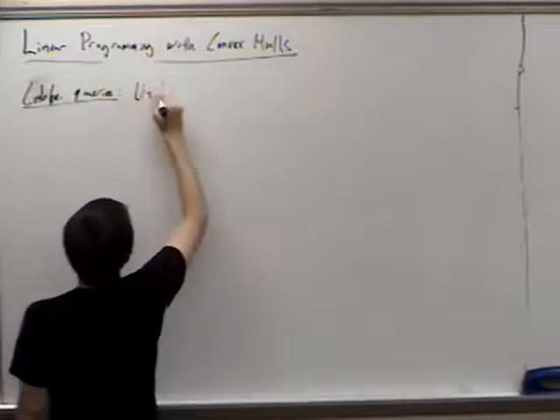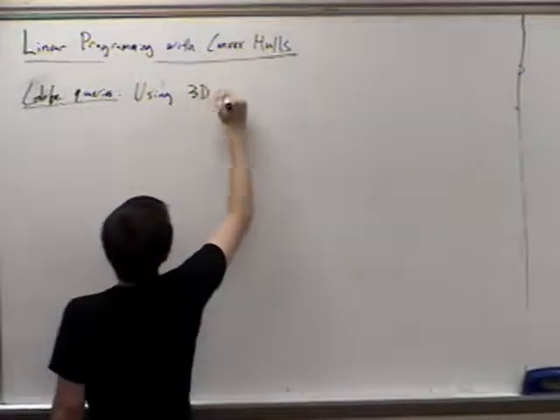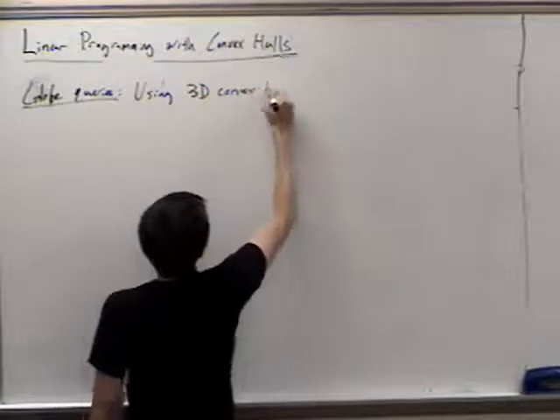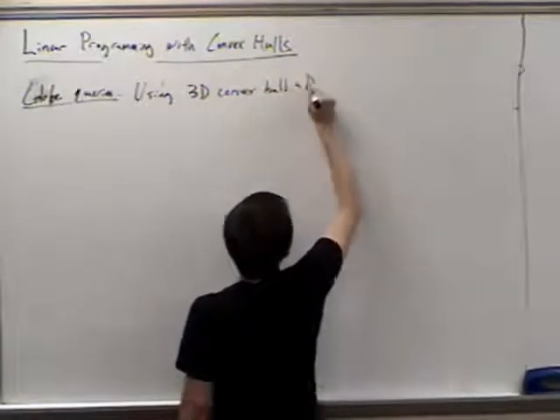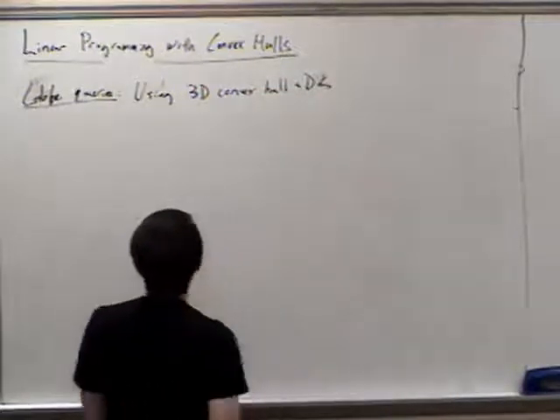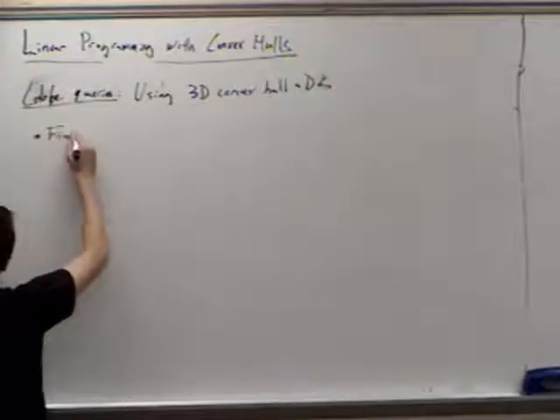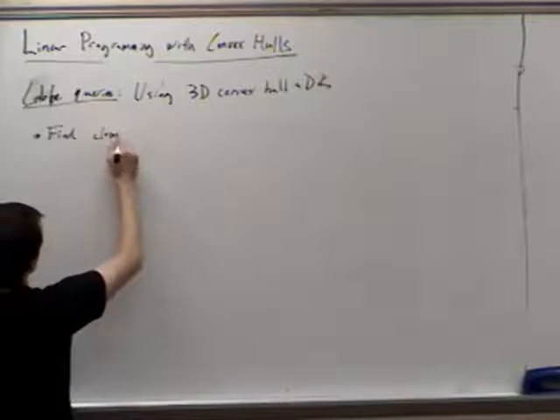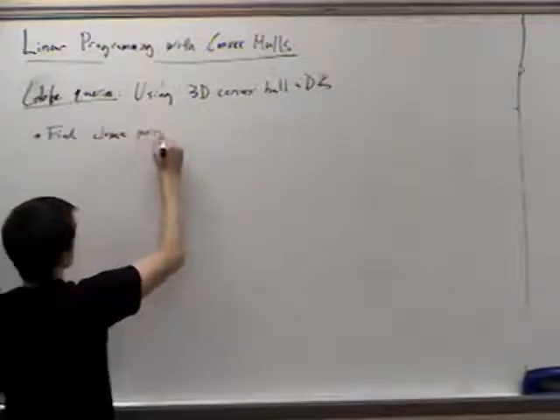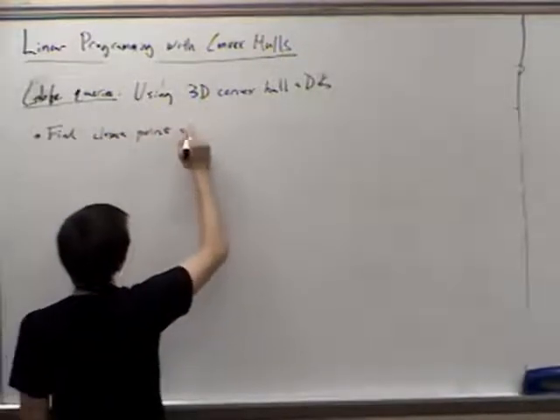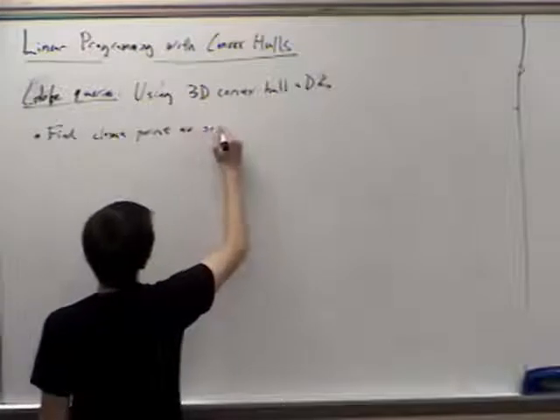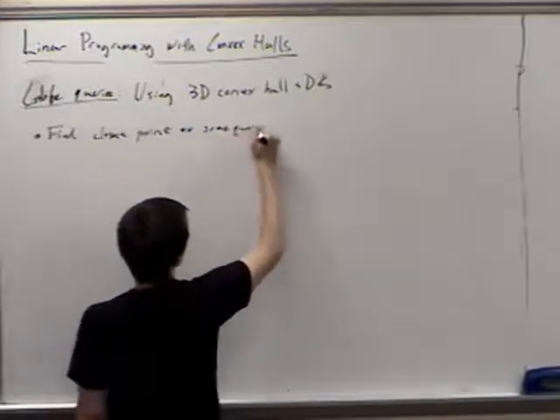So we'll say using 3D convex hull plus the Dobkin-Kirkpatrick hierarchy, the first one is find the closest point to some query point.